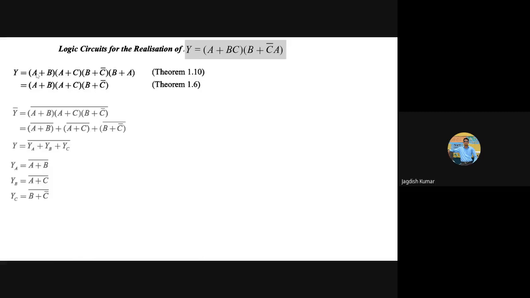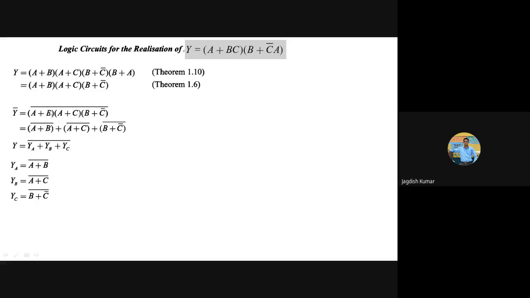Let's try how. Now this will give us the implementation in terms of NOR gates. We take a product of sums, as we had done yesterday. Do the complement of both sides. Now again use De Morgan's theorem here.